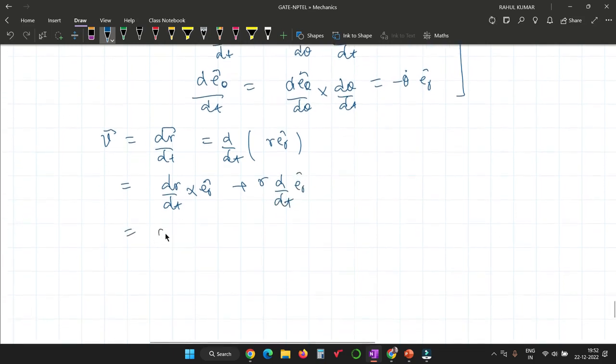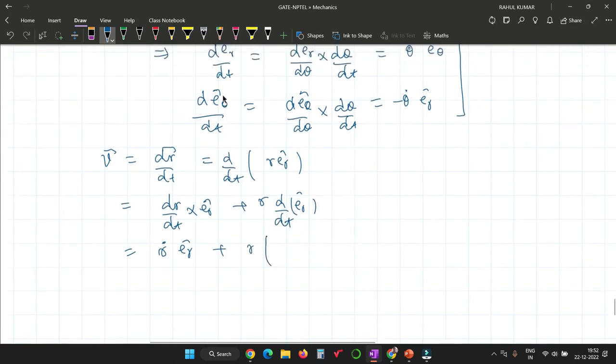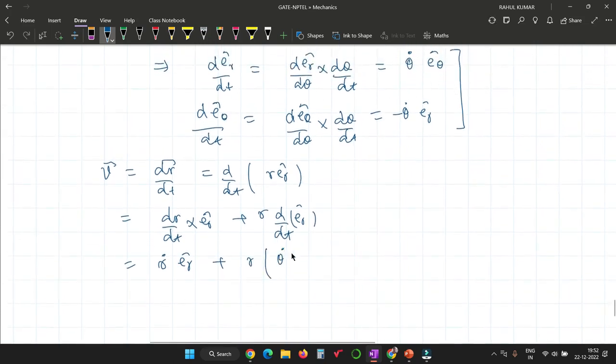So it is r dot er plus r, and the derivative of er is theta dot e theta cap.